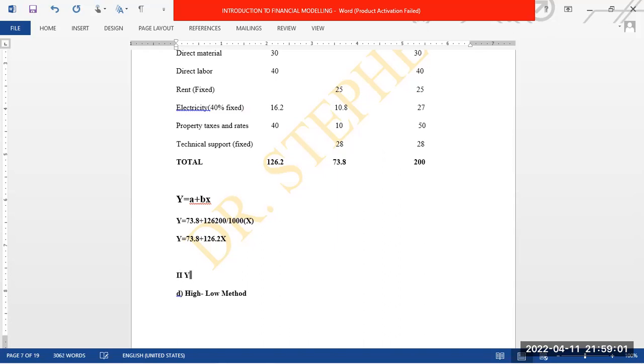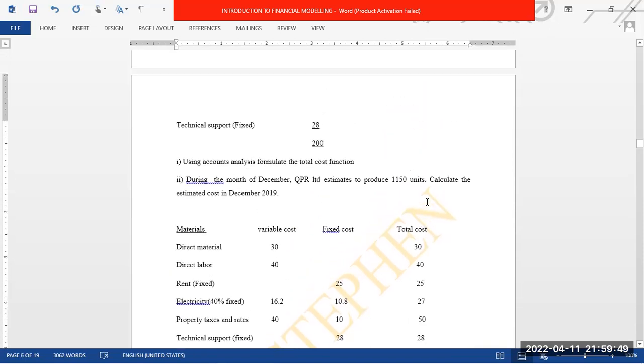We're supposed to say y is equal to 73.8, this is the fixed cost, plus the variable cost, which has now changed from 1,000 to this.